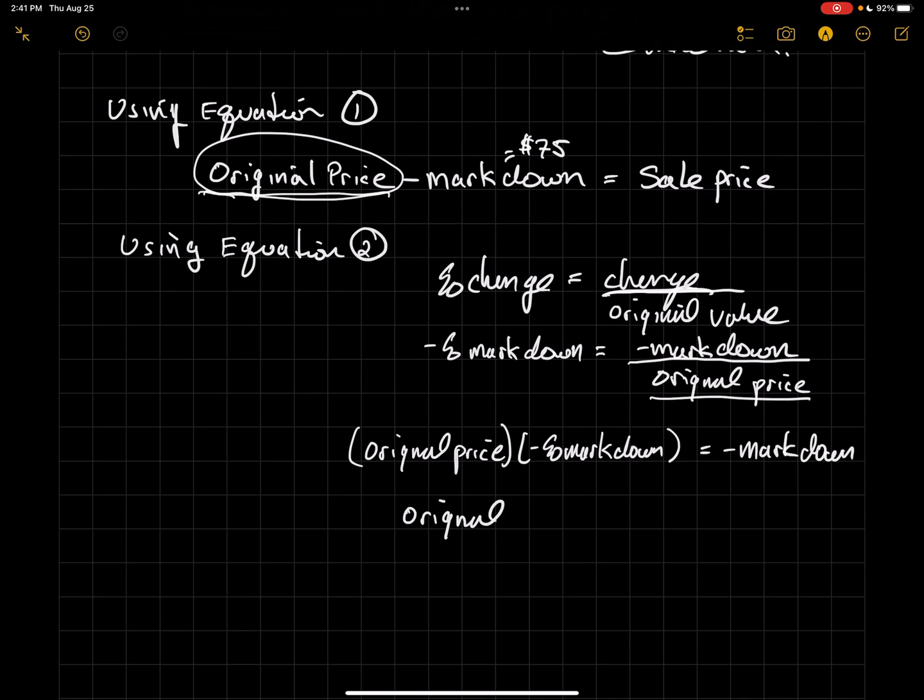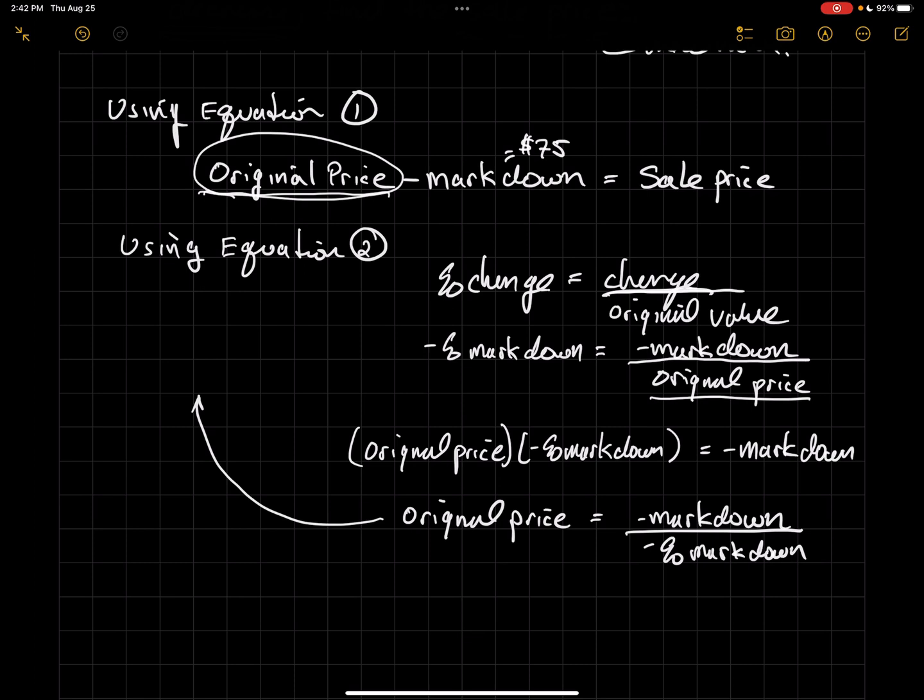And so I can get original price is equal to negative markdown divided by negative percent markdown. And now I can take this expression for original price and I can substitute it back up into equation 1.